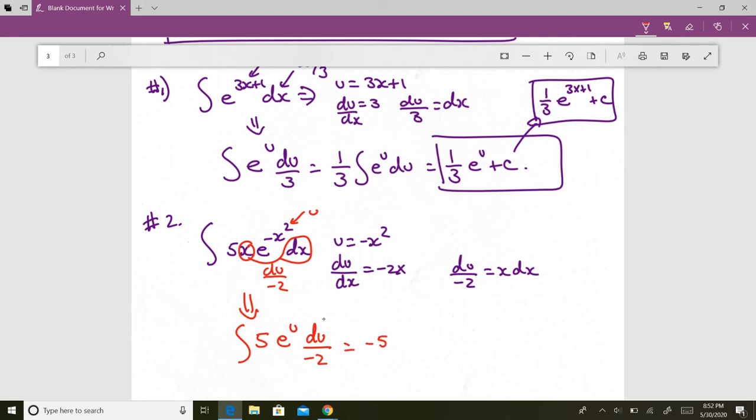So I pull out negative 5 halves. I'm left with e to the u du, which is negative 5 halves e to the u plus c. Plug back in my u, which was negative x squared. And there you go. All right.